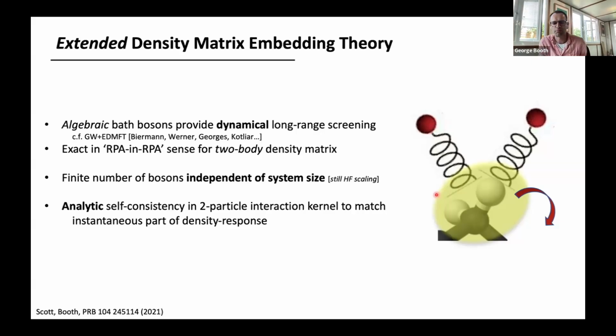I think the problem may be conflating certain different things I touched on during the talk. If you wanted to do this exactly analogous to how you would do EDMFT, then the number of bosons is just given by the square of the number of impurity orbitals and independent of the size of the full system.